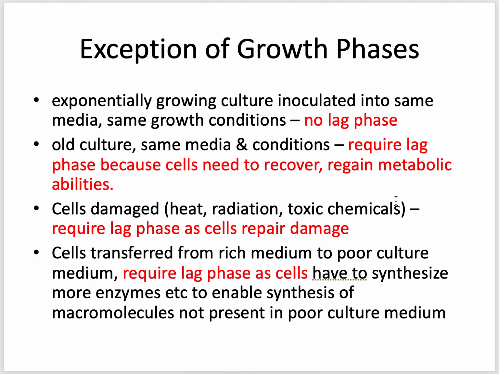So during inoculation, if we can put healthy, actively growing microbes into the media, then they will not require the time to get adapted to the new environment. Because as they're healthy and active, as soon as you add the microbes into the media, they'll start multiplying immediately. That means there will be no lag phase.